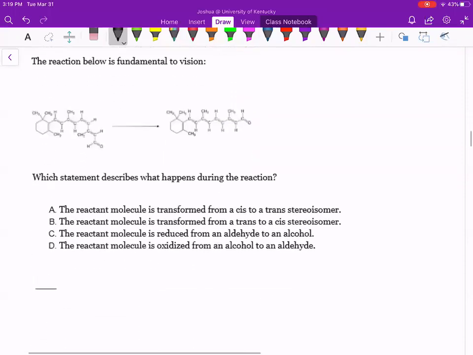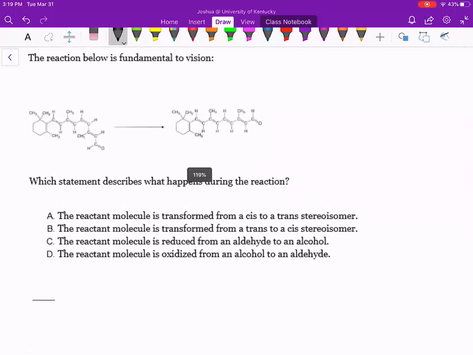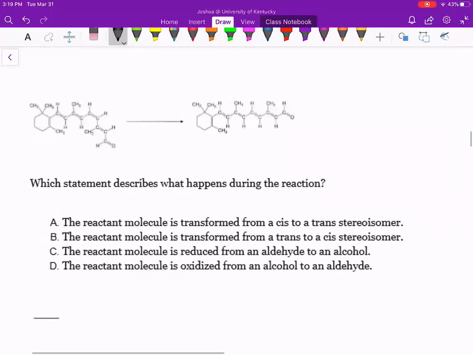The reaction below is fundamental to vision. Which statement describes what happens during the reaction? A, the reactant molecule is transformed from a cis to a trans stereoisomer. B, the reactant molecule is transformed from a trans to a cis stereoisomer. C, the reactant molecule is reduced from an aldehyde to an alcohol.